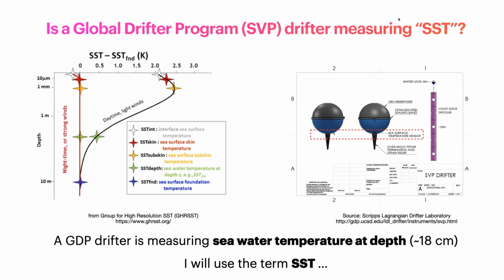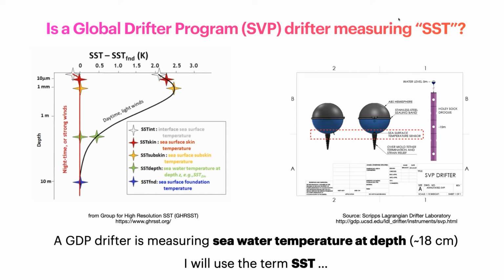Before I continue, I just wanted to get a valid question out of the way: is a Global Drifter Program drifter actually measuring the quantity that is called SST? On the right, you see a diagram of the drifters built by Scripps Institution of Oceanography, and you see the diagram of the surface buoy.